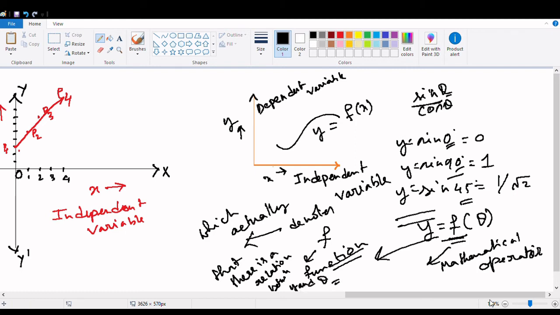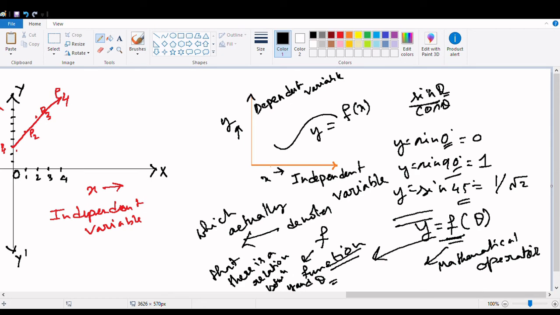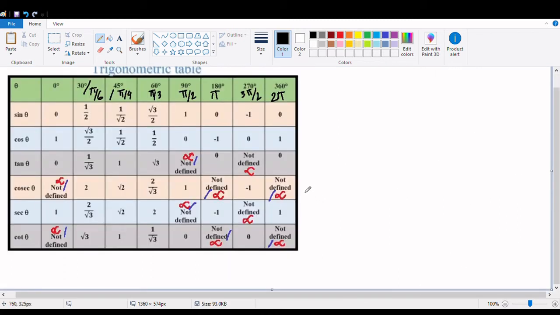Okay, so what were those values? In this chart, which we already showed in our last lecture, you see that there are sets of values for sine theta and the other 5 trigonometric functions for each change in the value of theta.